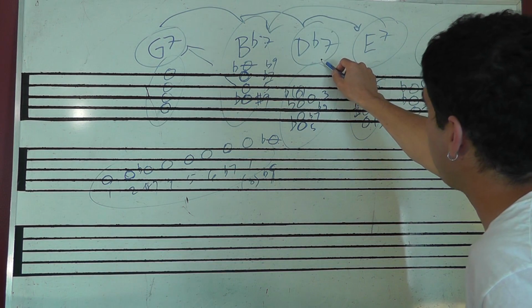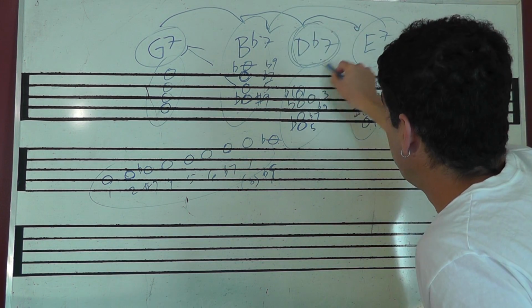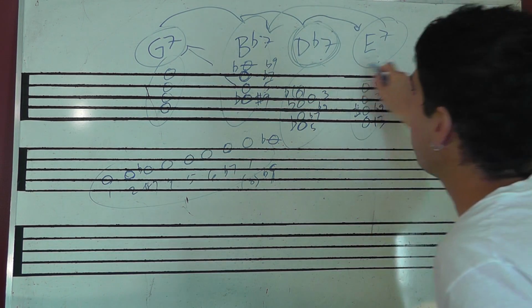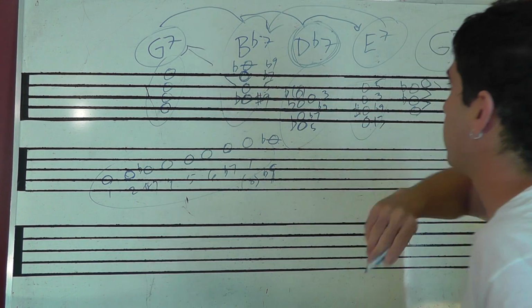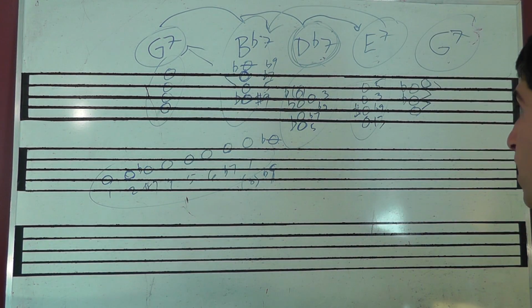And if you're playing D flat dominant 7, you can play E7, G7, and B flat 7 over this chord. So they're all interchangeable, and that's kind of my point.